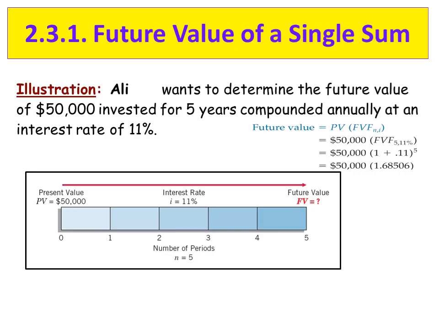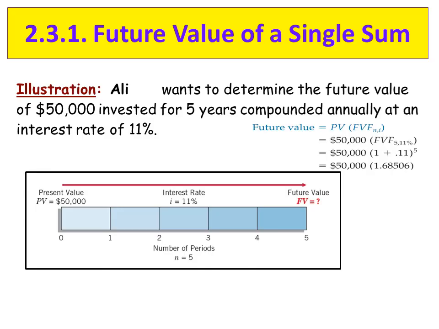How can I calculate the factor value? Factor value is equal to 1 plus r to the power of n, or r to the power of mt. Since m is 1, m times t is equal to n, so that is 5.